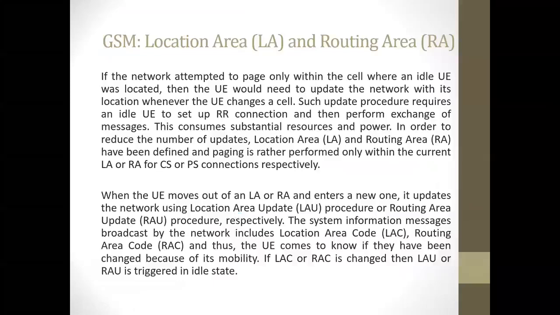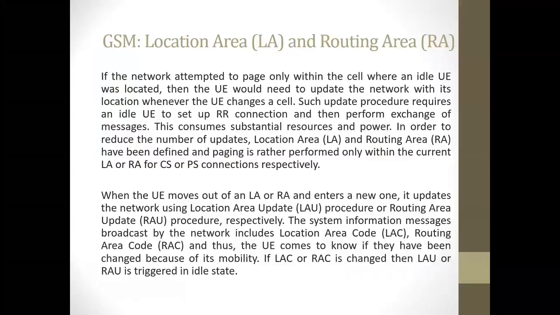In older technologies, 2G or 3G, you had the concept, but it was called location area when it was considered for CS operation, circuit switching operation, and it was called routing area when you considered packet switching operation. Now, this slide explains why you need this kind of area.